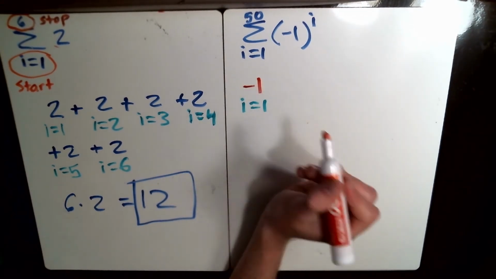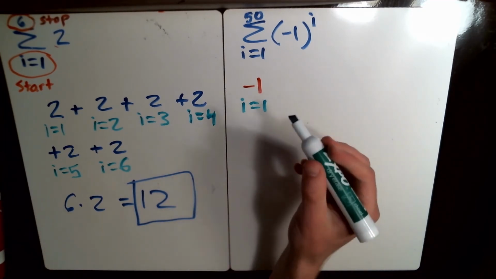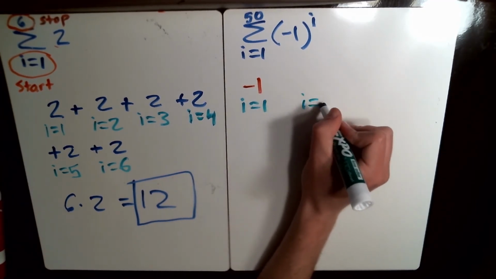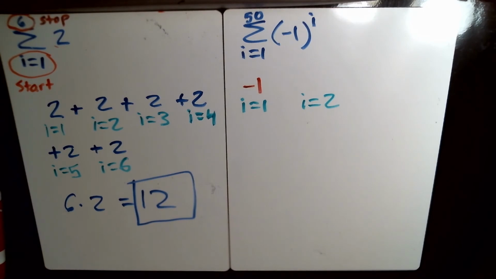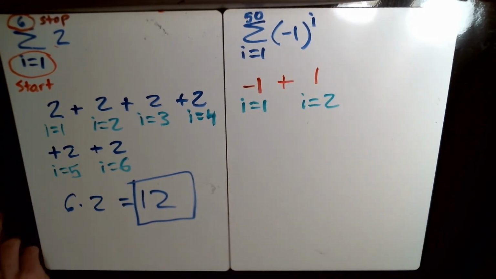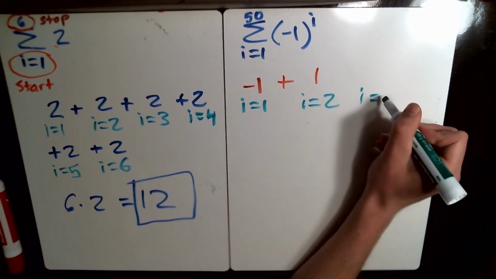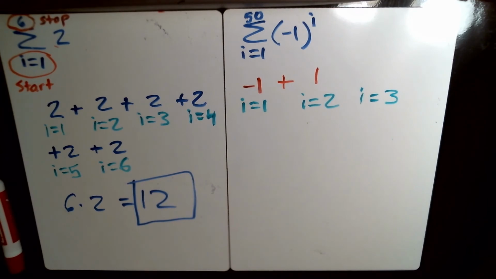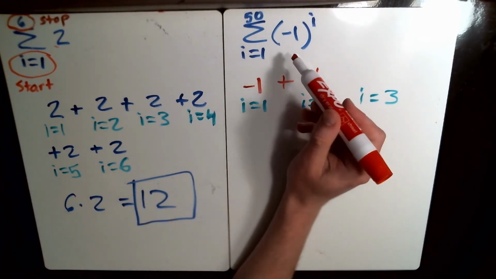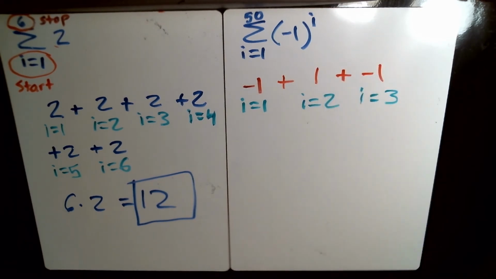Okay. When you plug in +2, you get +1. Okay, you're going to be adding those together. When you plug in +3, well, -1 cubed is -1, so we're going to get plus -1.